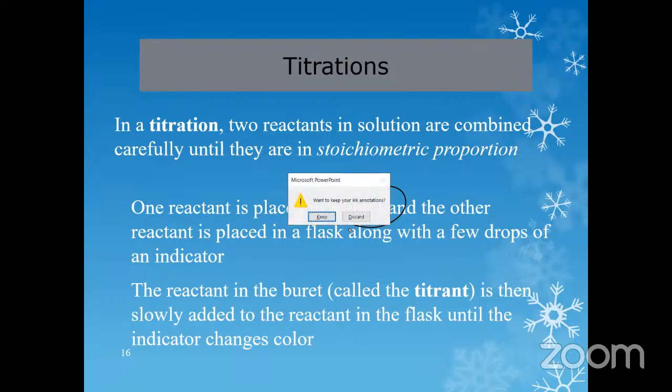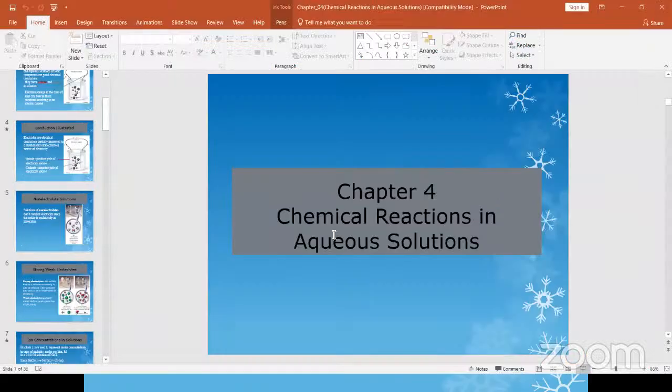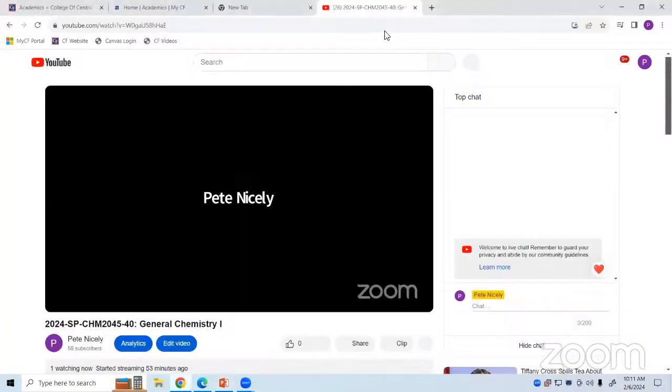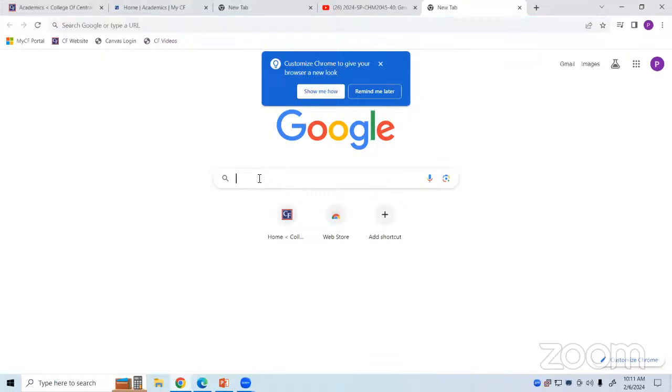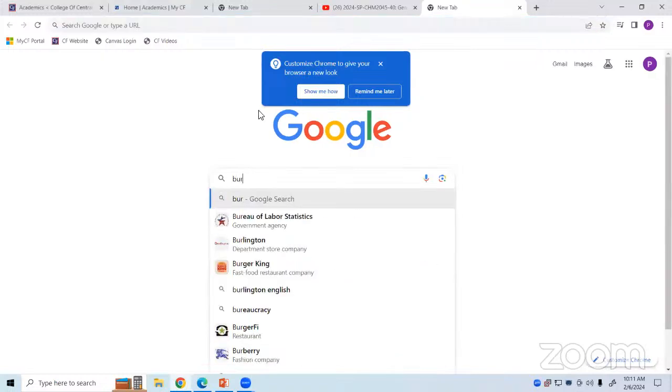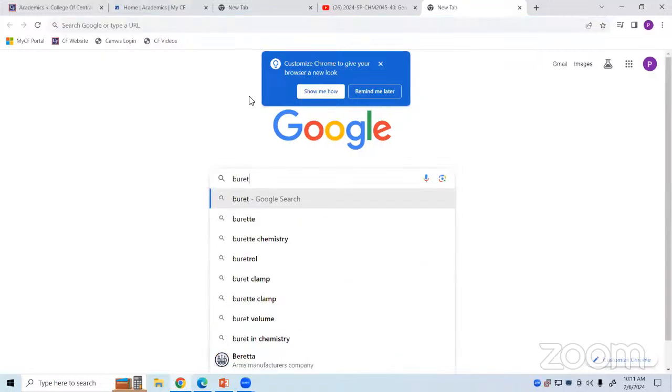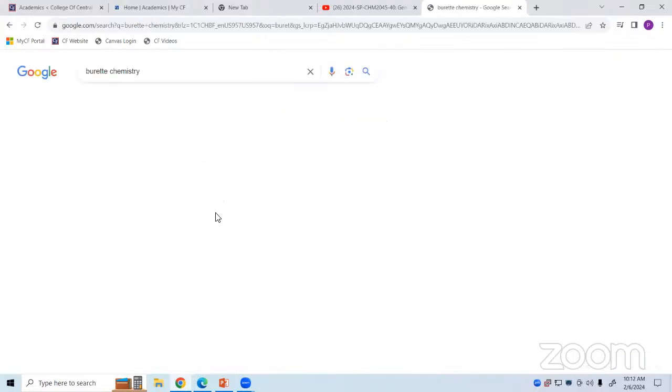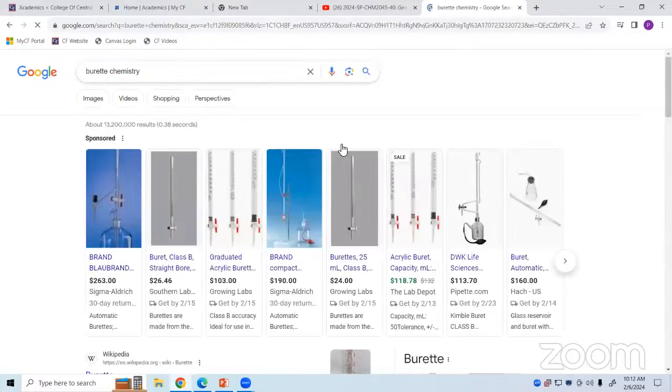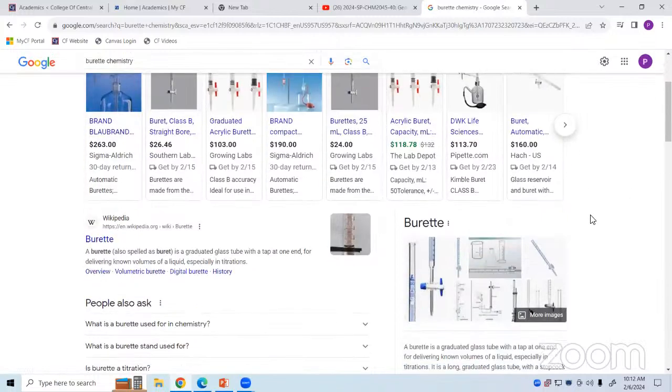Let me see if I can find one online so that you know what it looks like. So let me go here and put burette, chemistry. And by the way, this is the English way of spelling burette. In the United States, it's spelled B-U-R-E-T, just in case. Okay, so these are some commercially available.